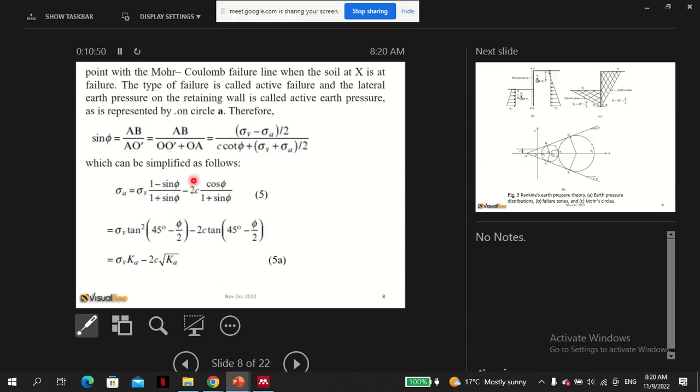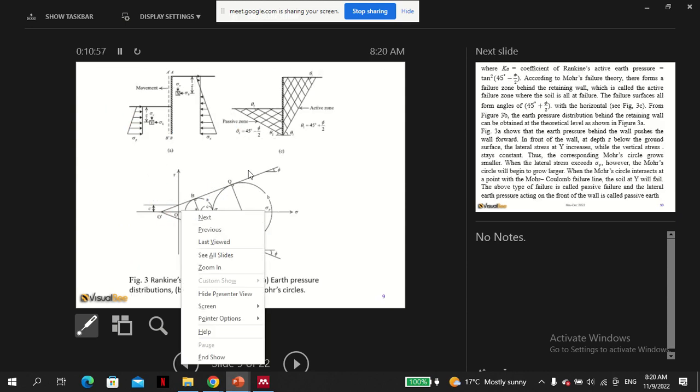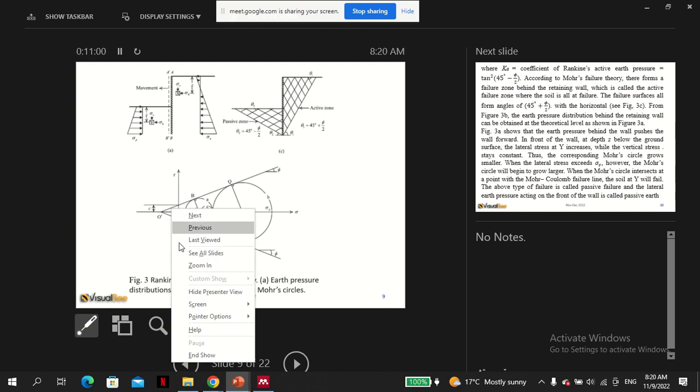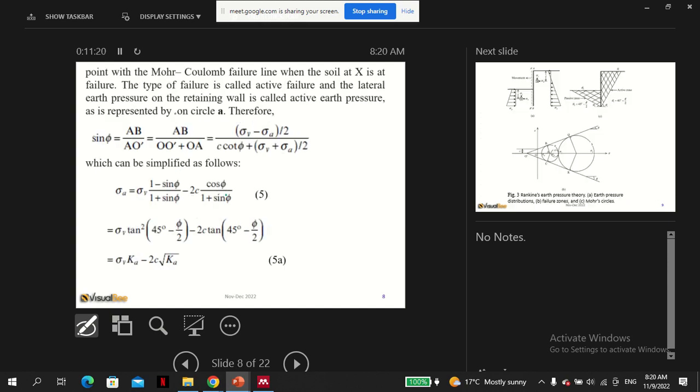So here, basically from geometry as well, sin phi, so if phi is this angle, and this is 90 degrees, then sine of phi is this side over that side, which is what we are shown. So AB over AO.